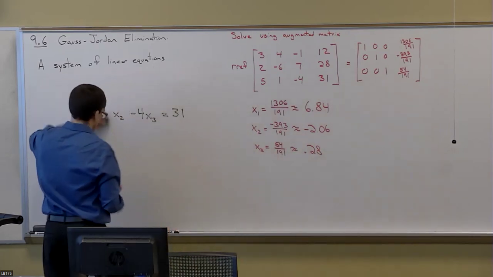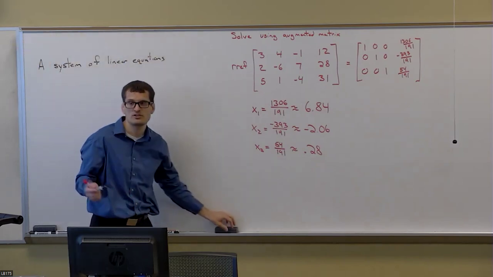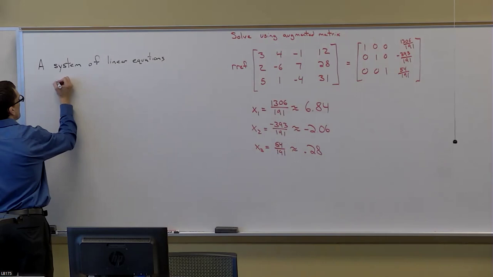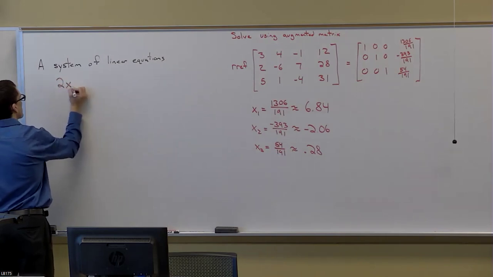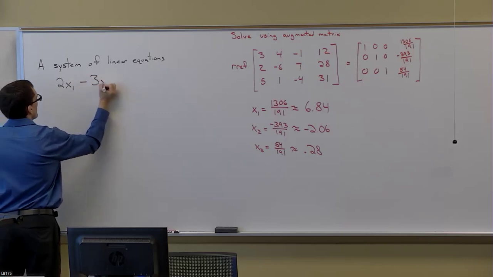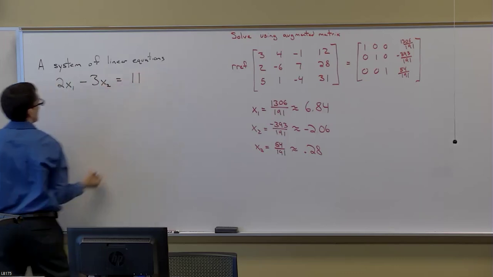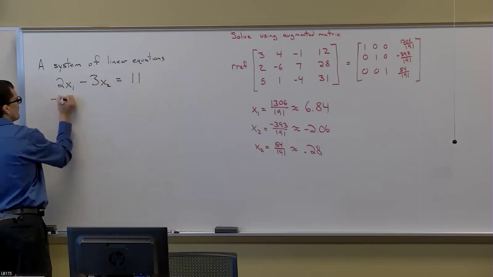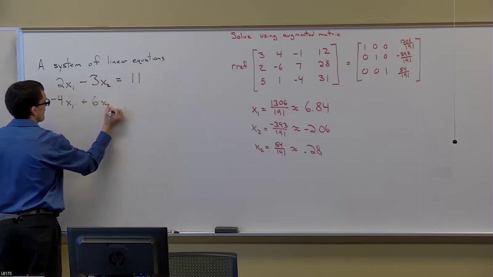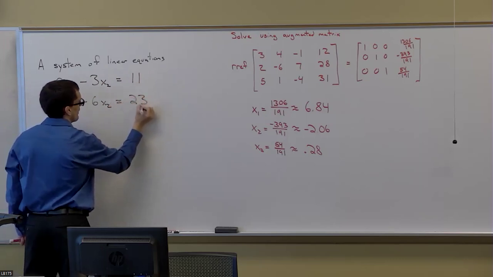Now let's take a look at another instance where we might not have a nice case. I want you to try this on your own. Let's say we have 2x1 minus 3x2 is equal to 11, and then negative 4x1 plus 6x2 is equal to 23.